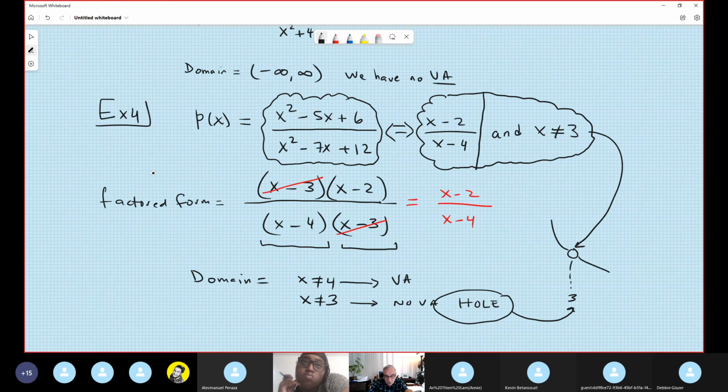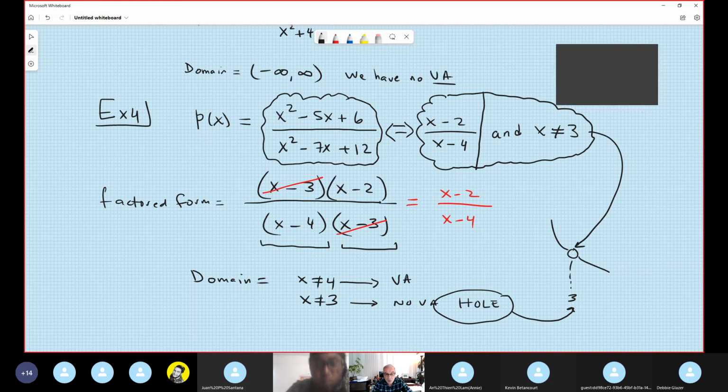That means that we have no hole. See, one factor is cancelled out. This is a hole. Okay? And the hole is not a vertical asymptote. It's another graphic representation. Super cool. Okay, the time is over. We gotta go.